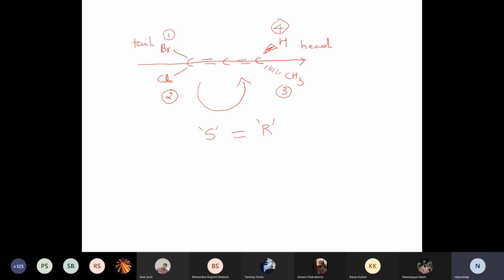Any doubt with allenes? Sir, I have a question, not related to this topic. Somebody from our section, Salman Khan, is not able to find the team in his Teams app. He might have been removed or something, so he wants himself to be added.